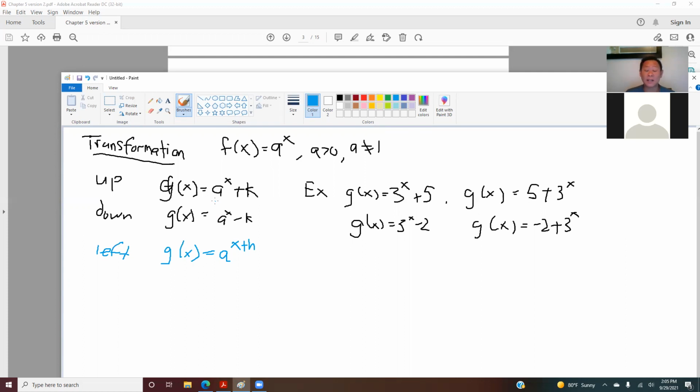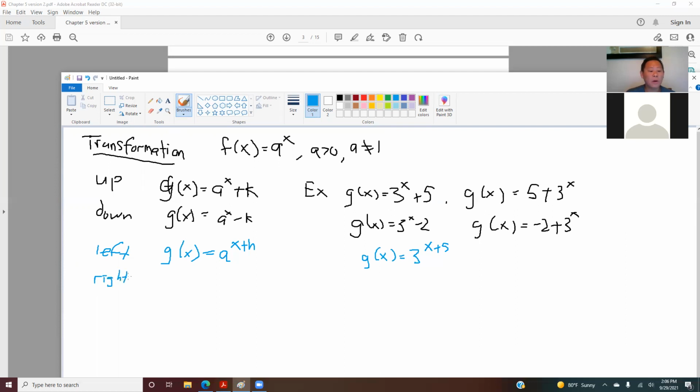But for this case, if you have a plus sign, it moves to the left. For example, 3^(x+5). So the plus 5 is on the top. You need to know the difference between a plus 5 on the base and a plus 5 on the exponent, because this is up, this is go to your left.